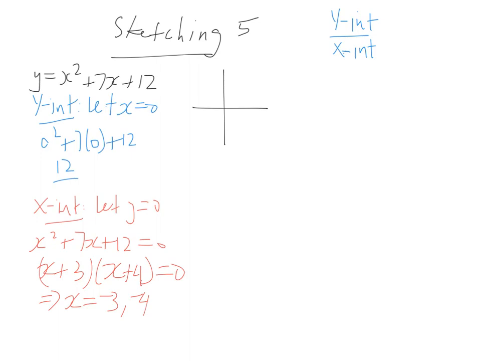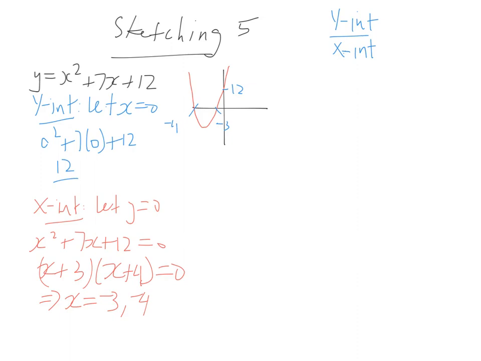And I'll draw that better. So we're here at -4, we're here at -3, and then we're up here at +12. So it's going to look something like that. Now, as we said before, our turning point is halfway between.